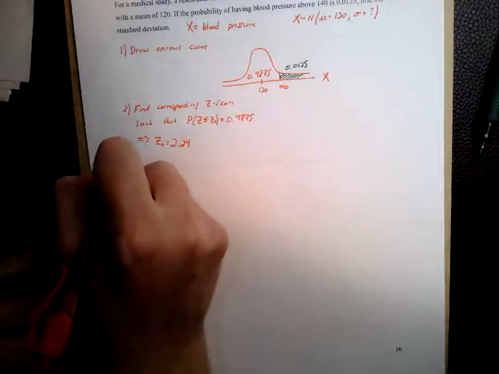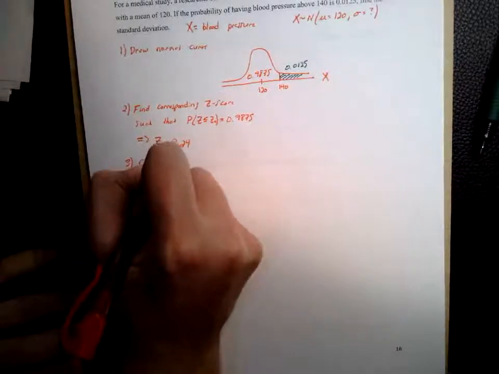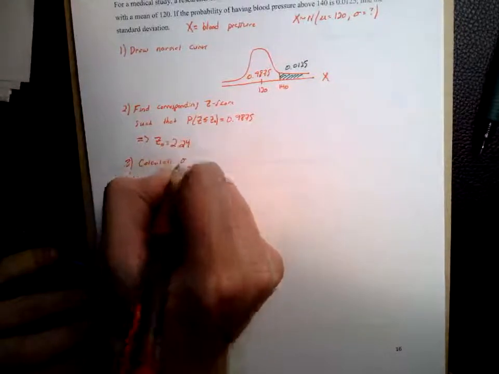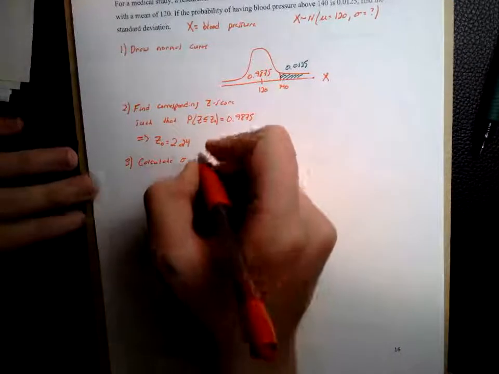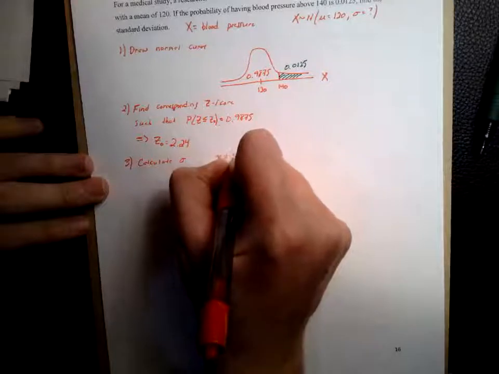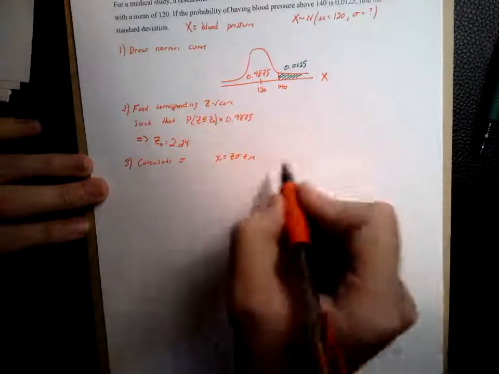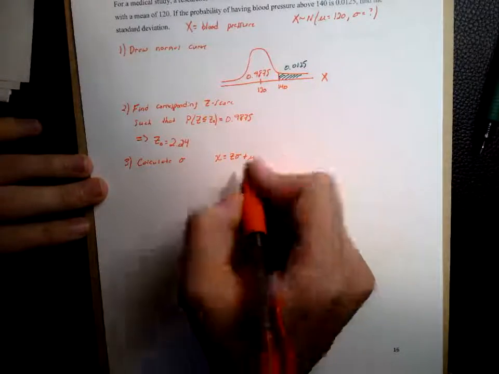Now, the third part is to calculate sigma. We know from earlier that x is equal to z sigma plus mu. But we want to solve for sigma here.